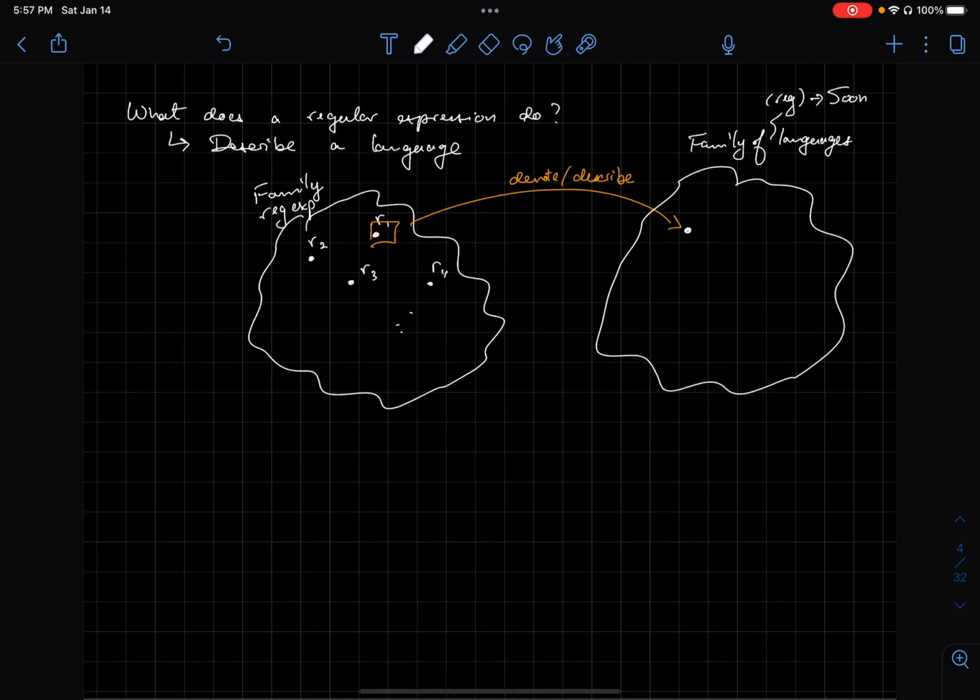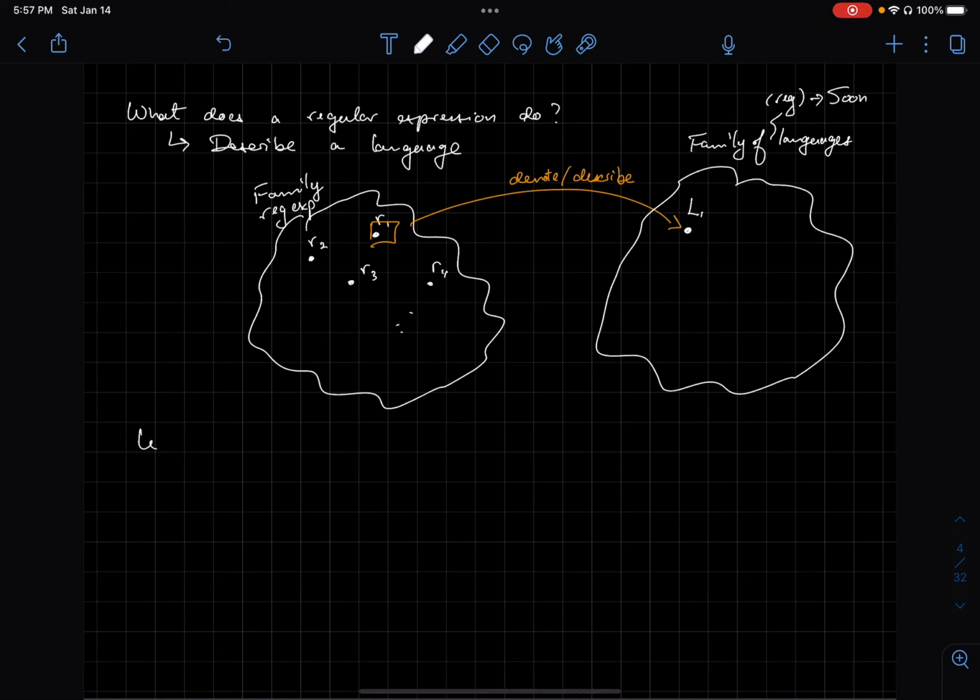So some particular language, maybe this is the language L1, okay? It's similar to how you have the definition of something mapping to a particular object. When you write down a regular expression, you're mapping it to a single language, okay? And that's essentially the idea behind the regular expression.